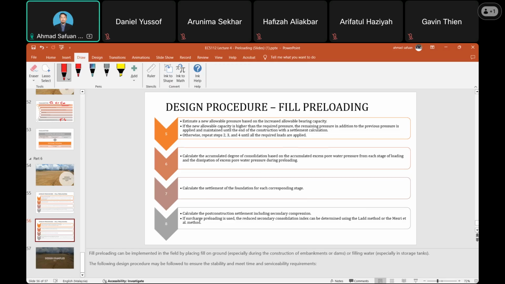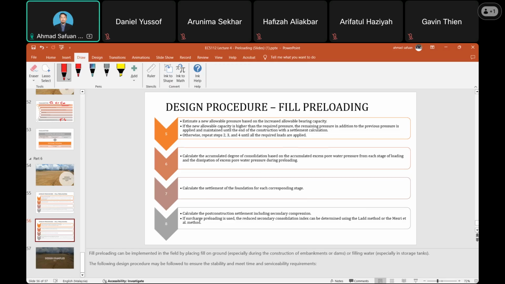If the new allowable capacity is higher than the required pressure, the remaining pressure in addition to the previous pressure is applied and maintained until the end of the construction with settlement calculations.